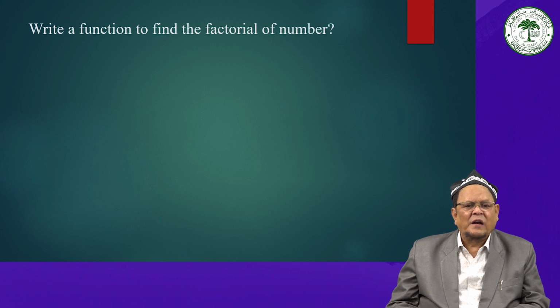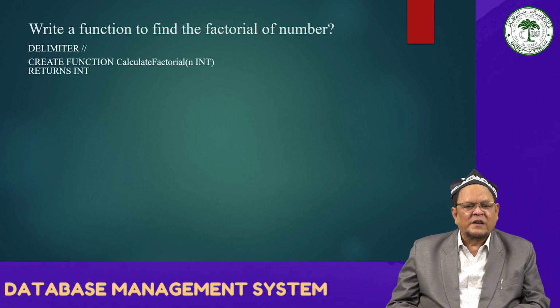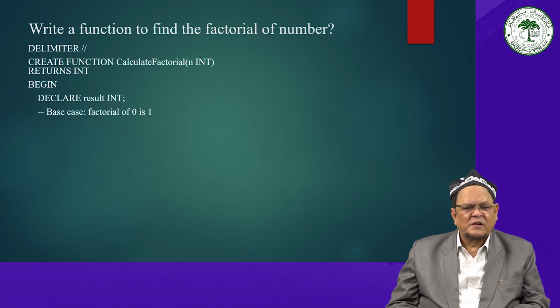In the same way you have to write a function to find the factorial of a number. Write a DELIMITER, create a function, calculate_factorial, and you define n, the value is integer, and then you have to write RETURNS, it should also be integer. Then BEGIN, then you have to declare result integer.